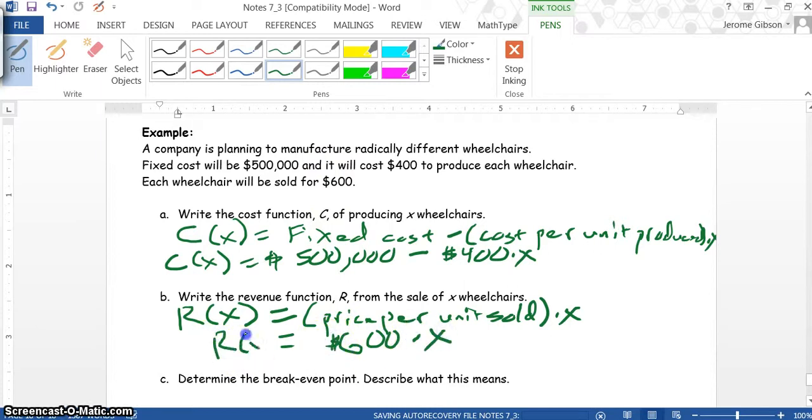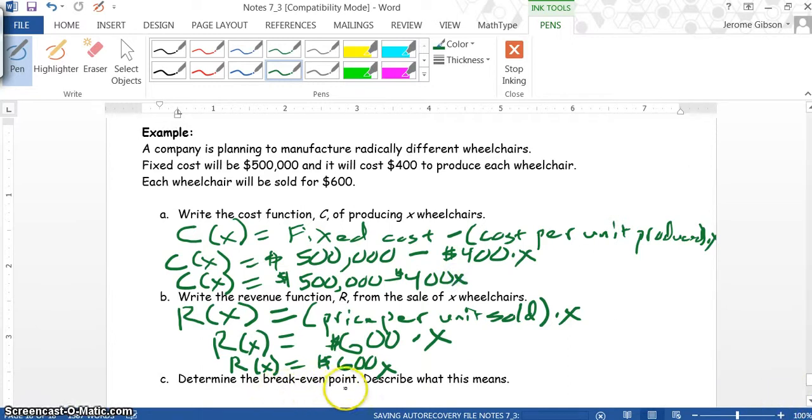So it'll be R of x is equal to $600 times x. We could have it as R of x is equal to $600x without the multiplication sign. And we can go back up here and write the C of x as $500,000 plus $400x without the multiplication sign.